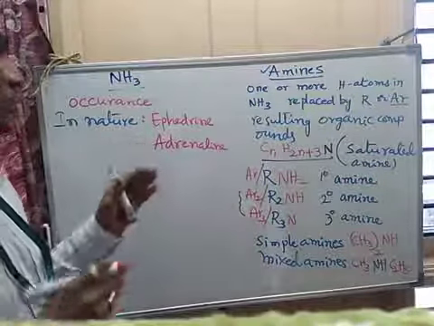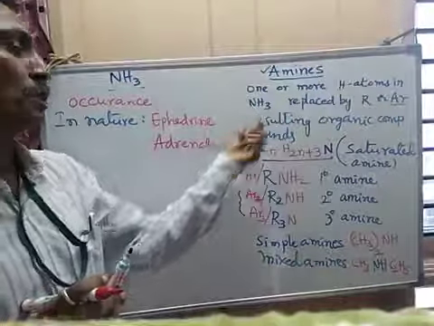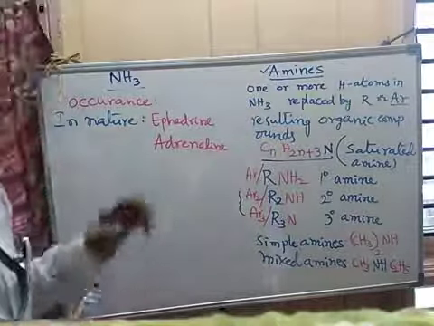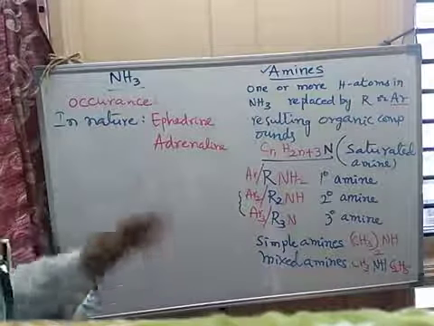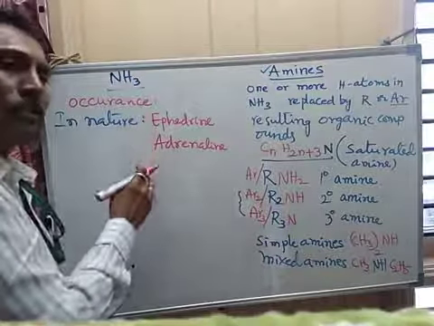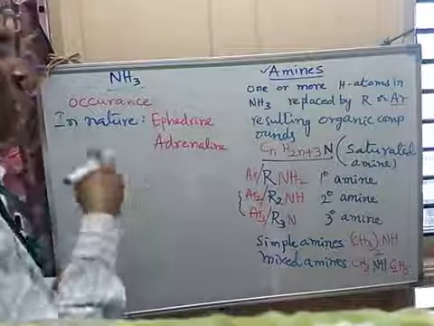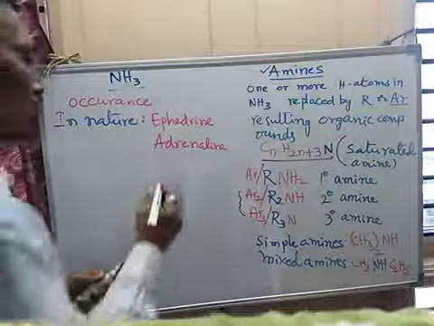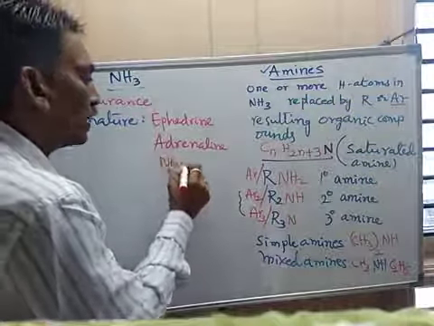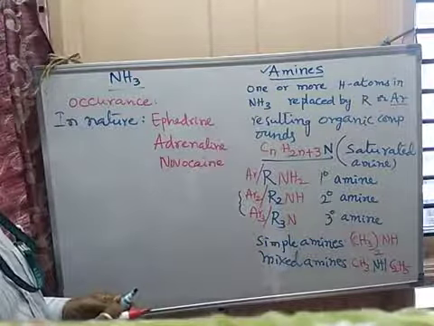These two compounds are used in order to increase the blood pressure. So this is a pharmacological action possible to observe. Then these are naturally available. One is hormone adrenaline, another one is alkaloid, and a synthetically prepared one is also there, that is novocaine, artificially prepared in the laboratory.